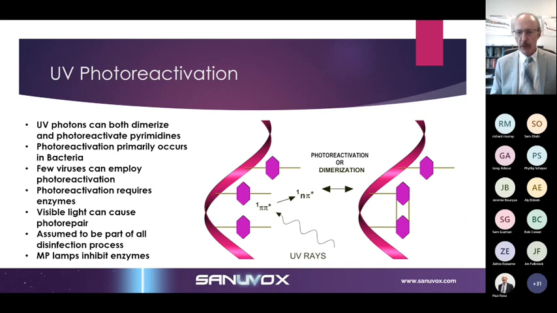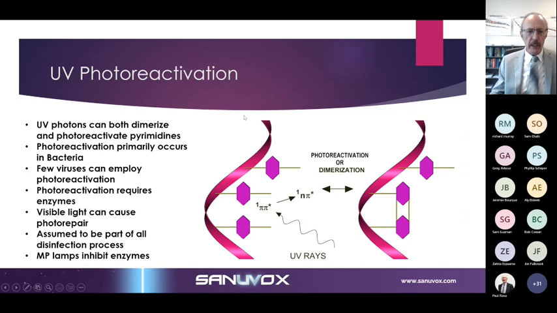In some cases, we know the degree to which photoreactivation occurs, but in most cases, we don't know the exact rate of photodimerization. However, we do assume that any photoreactivation occurs as part of the disinfection process.